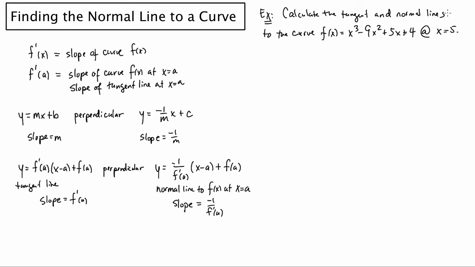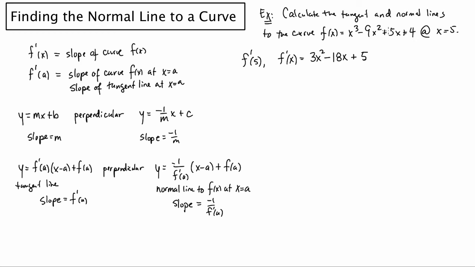We already know how to find the tangent line, and thank goodness we don't have to use the definition of the derivative anymore. We can use the operational properties of the derivative, in particular the power rule, because we're dealing with a polynomial. I know I need to find f prime at 5, so I'm going to start by finding the derivative. The derivative of the function is 3x squared minus 18x plus 5.